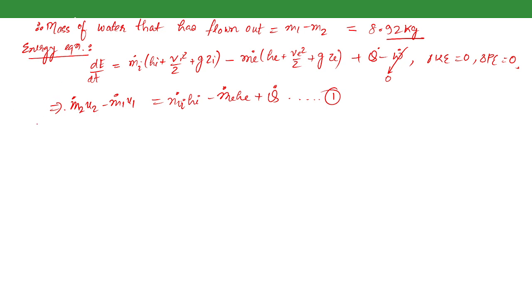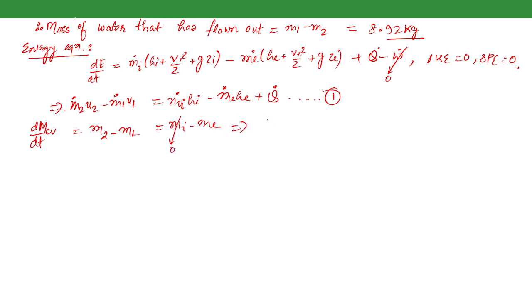Now, again from the mass conservation, the change of mass of the control volume from M1 to M2 is equal to Mi minus Me. Here, there is mass exiting, there is no mass entering, so Mi is 0.